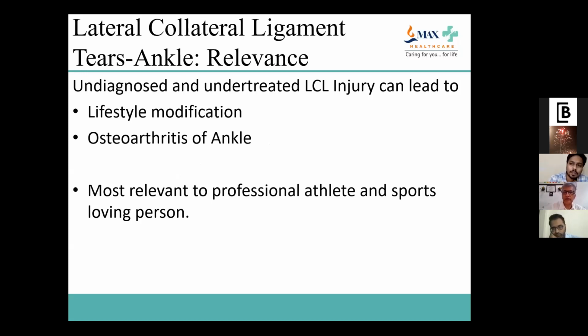But let us first understand how this is relevant to us. If a lateral collateral ligament injury is undiagnosed or undertreated, it can lead to permanent lifestyle modification. Somebody probably will not be able to come down slopes properly. Somebody would not be able to run. And if ignored to a great extent and symptoms continue, it could even lead to early osteoarthritis of the ankle joint.